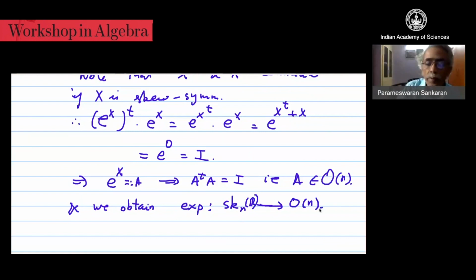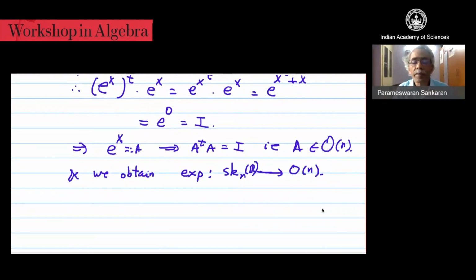And if you work with C, it's the same. There's no difference, except that in the case of real, like I already said, exponential takes values only in the space of positive determinant matrices, but the orthogonal group will have matrices with negative determinant also. So this will not be onto in that case. But in the case of the orthogonal group over complex numbers, this is not an issue. Let's not worry about that too much.